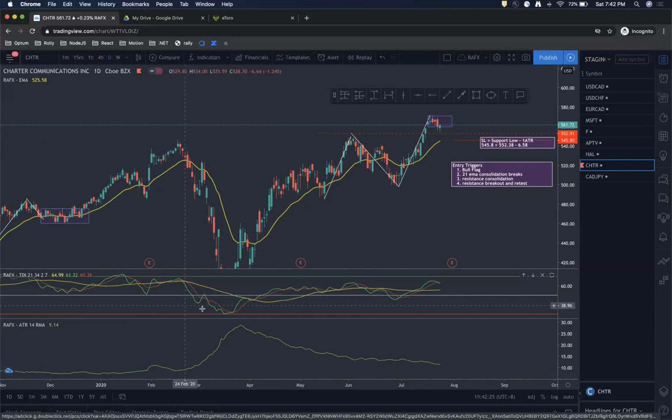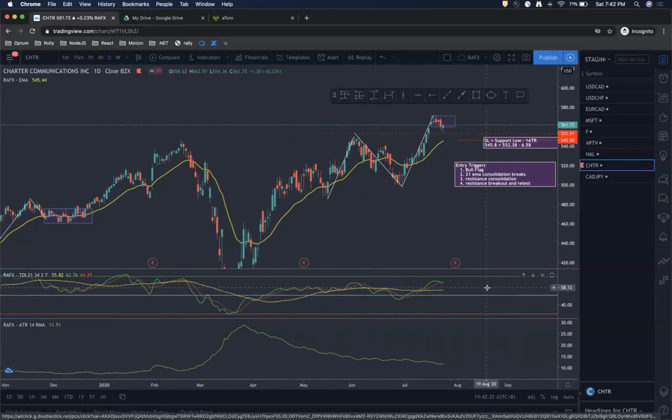So the lower part, we call this sell zone, and then the above is what we call the buy zone. Okay, so later malalaman natin kung saan ginagamit, bakit natin titingnan ang TDI kung nasa sell zone ba siya or nasa buy zone ba siya. Okay?